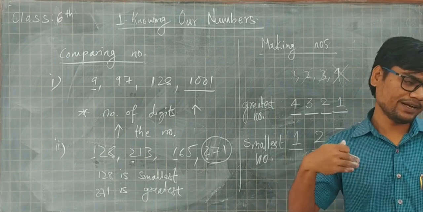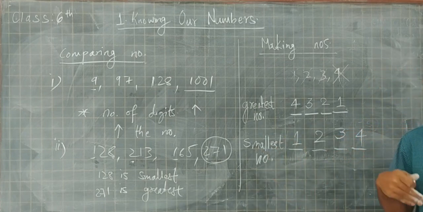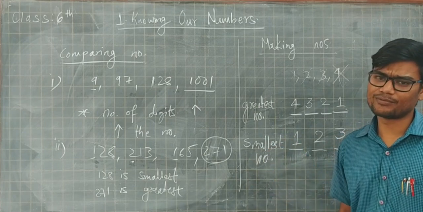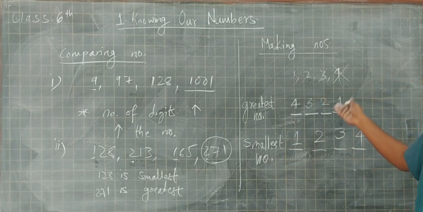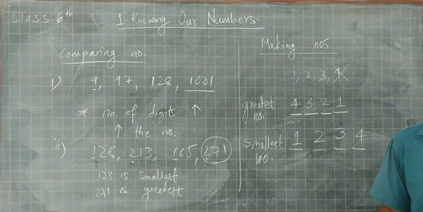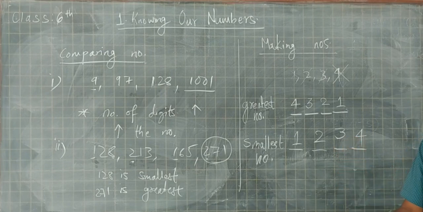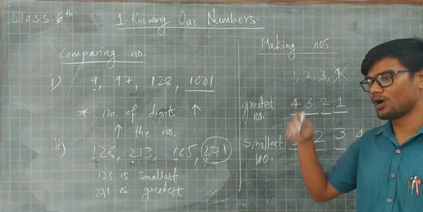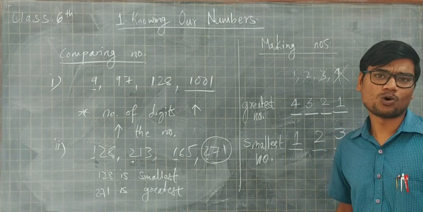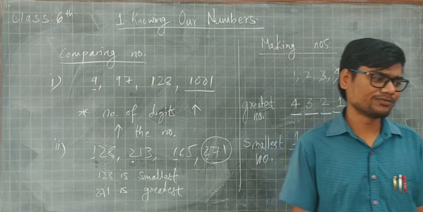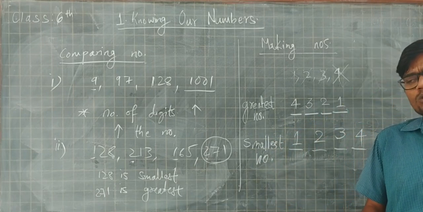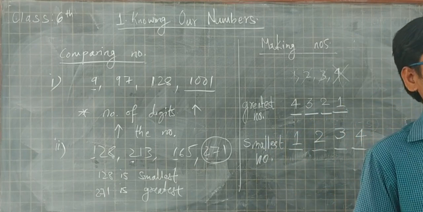You compare the height and the child with the least height stands in the front. So this is how we can use this knowledge and stand in proper order according to weight, or according to height. In higher classes we will learn how to use this technique to group the data.